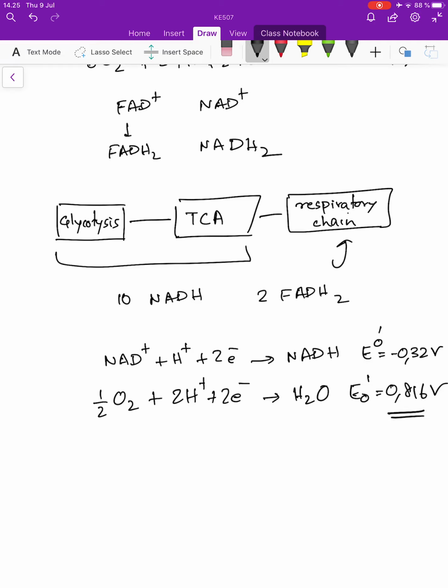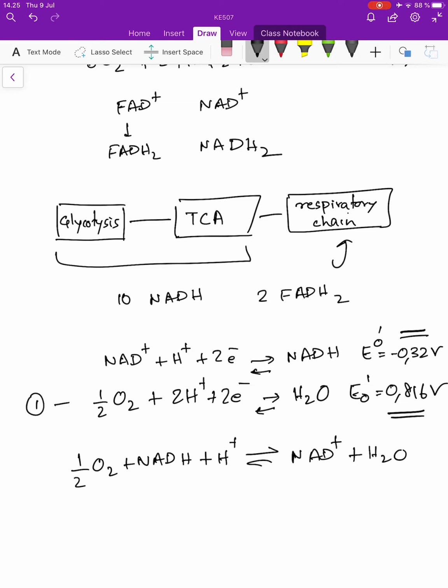Since the reduction potential of oxygen is much higher or more positive than the reduction potential of NAD+, oxygen is a better oxidizing agent, so oxygen will get reduced, and the overall reaction is half O2 plus NADH plus proton produces NAD+ plus water, and all these are reversible, of course.